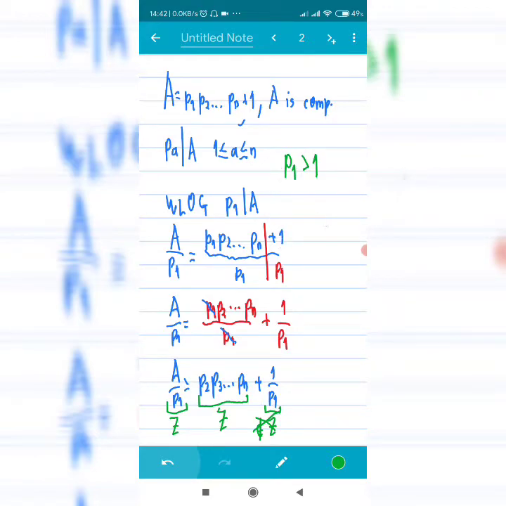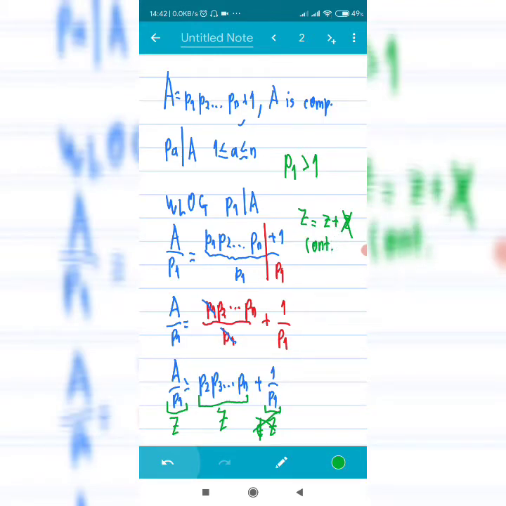So we have a case where Z equals an integer plus a non-integer, and therefore this is a contradiction.